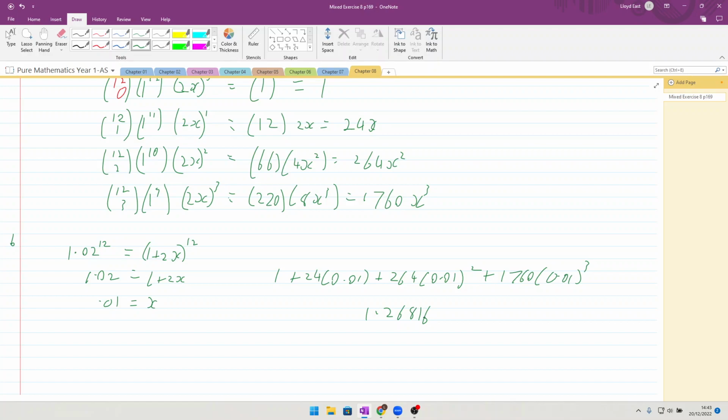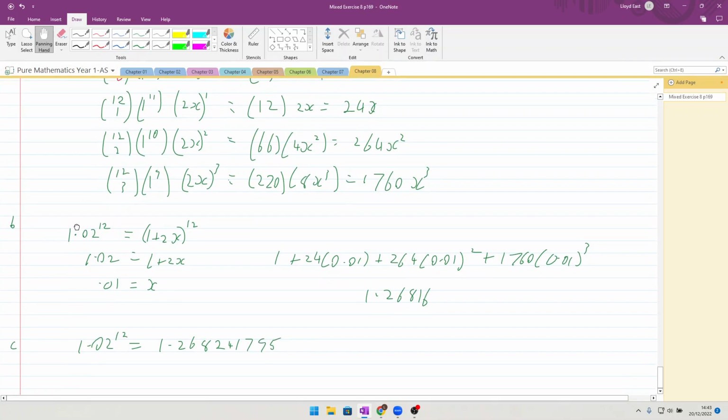Right. Use your calculator, write down all the digits in your display to find a more exact value of 1.02 to the power 12. Okay, so for C, using the calculator, 1.02 to the power 12 is 1.268241795.